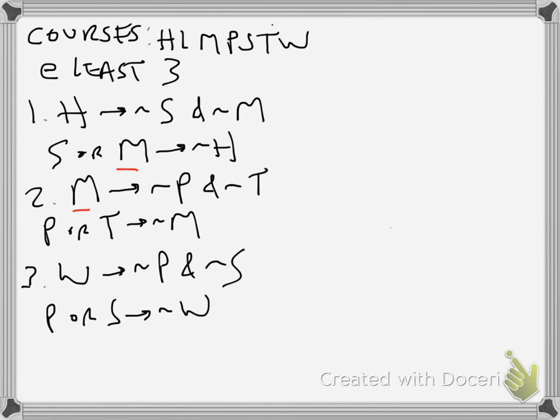So, question 20. If the student takes neither physics nor writing, so we write out our roster again, H, L, M, P, S, T, W, and is not taking physics and is not taking writing, then it could be true that the student also takes neither.